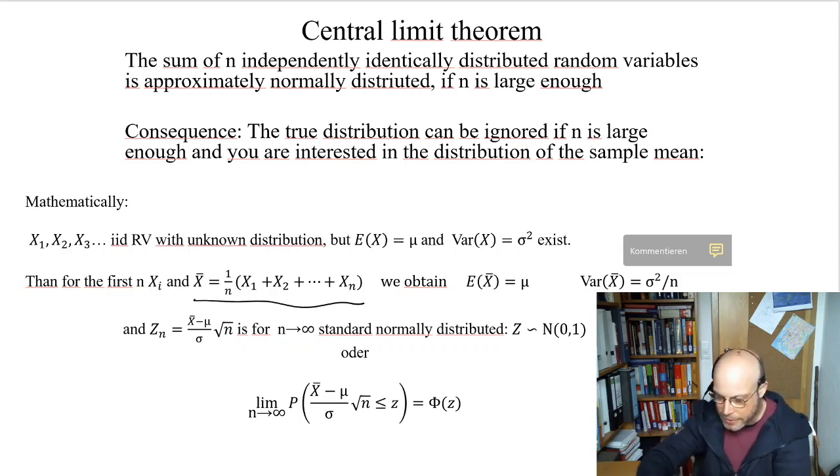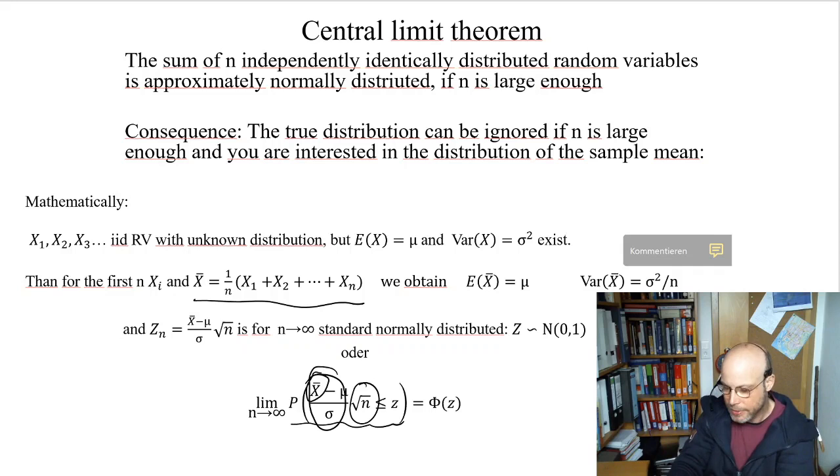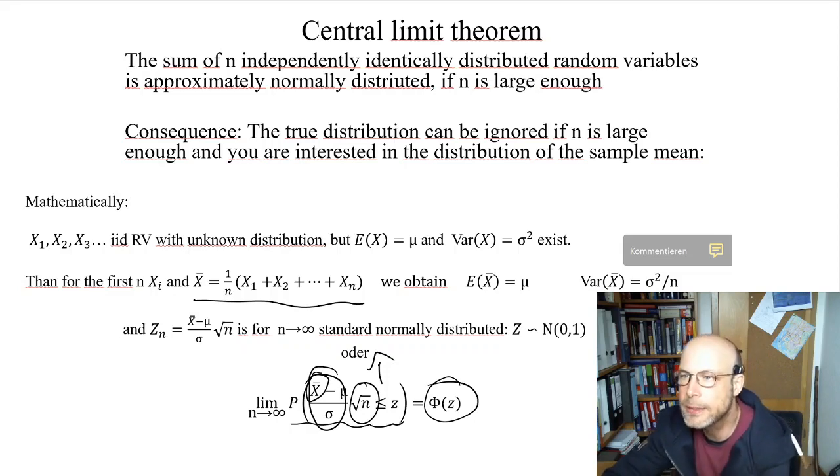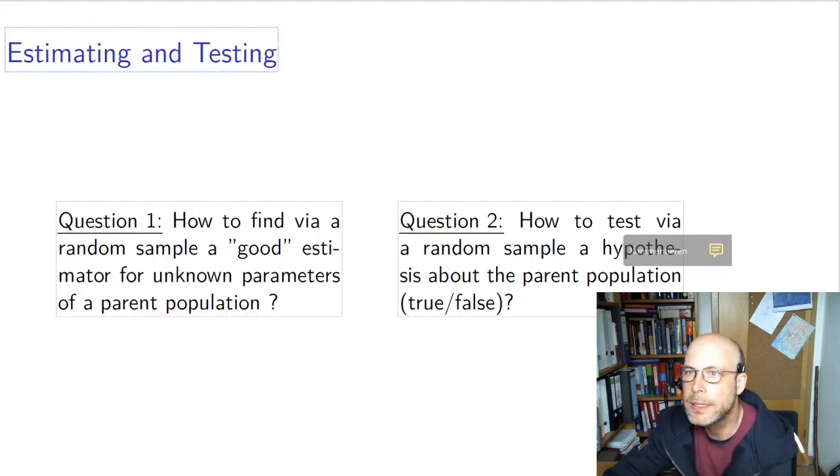So that the probability of the mean of some unknown distribution, if we standardize this also, that we can say that the probabilities here, if n goes up, is normally standard distributed. And this is a really, really important result of statistics. And this we will take also if we go then for estimating and testing.